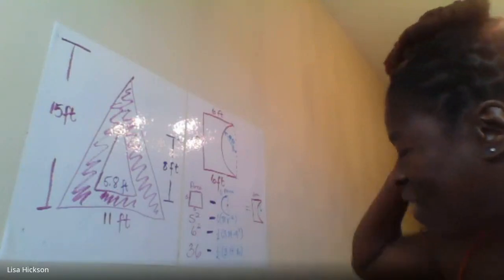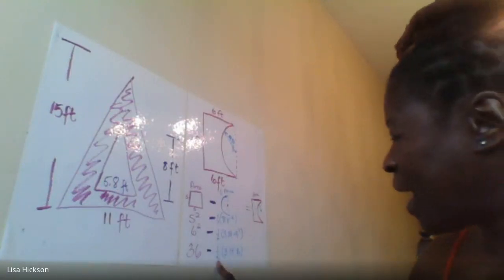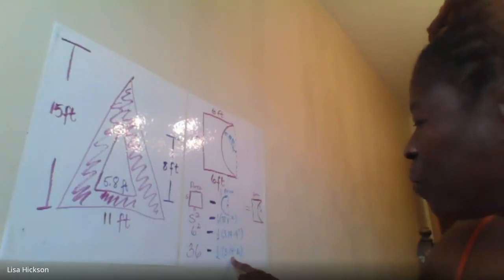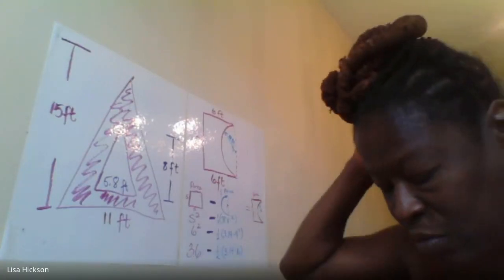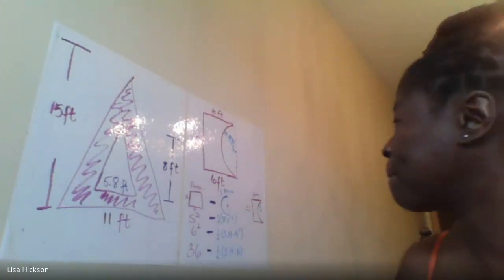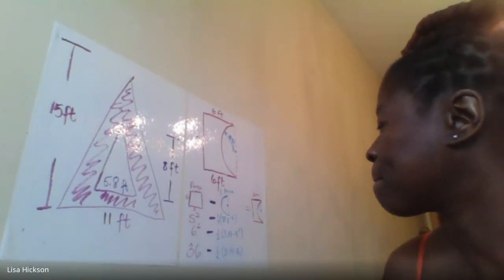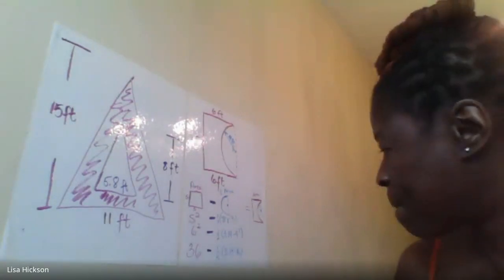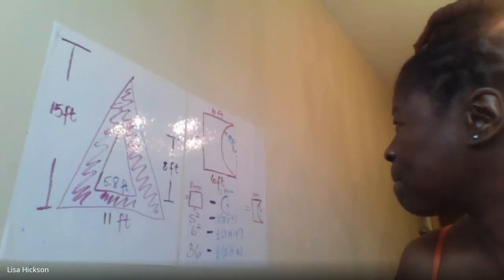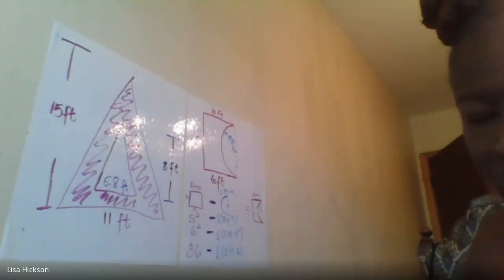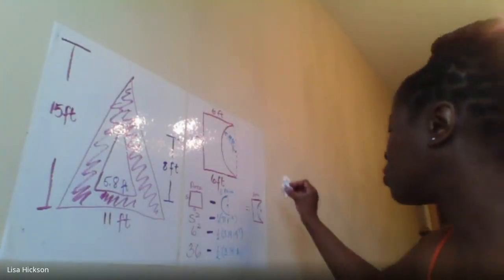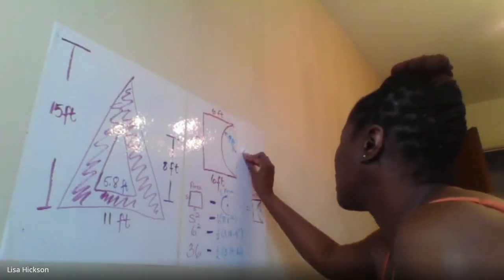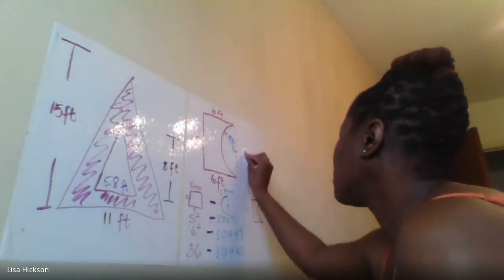Calculators. 1/2 of 3.14 times 16. What do you get? Now I'm going to play a little creativity right here. I'm going to take off that other half of the circle.